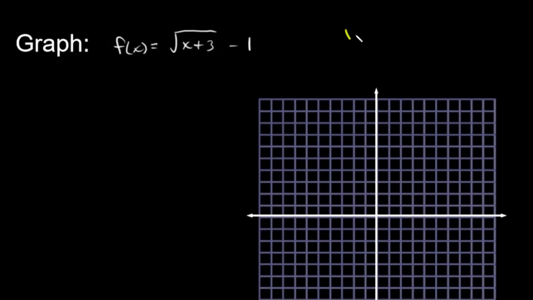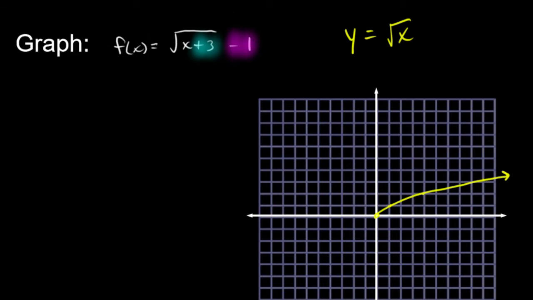First off, this is a square root function, because you see it's the square root of x. It's not the cube root, just the square root. So that's the parent function, and the parent function looks like this. Our function has changed. There is this and this.